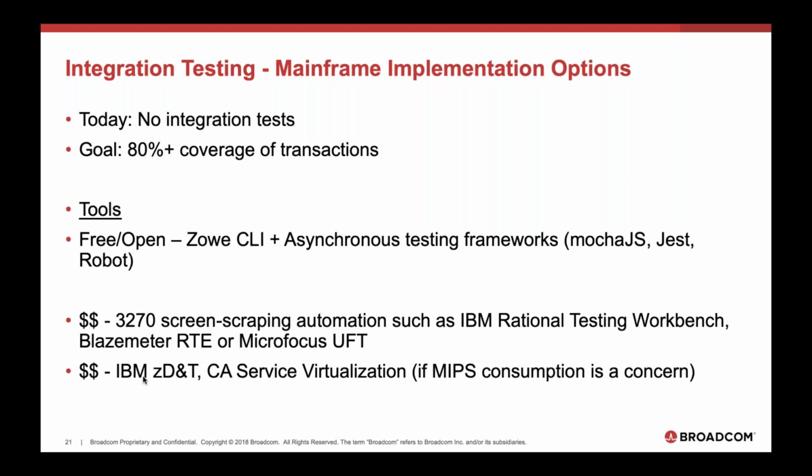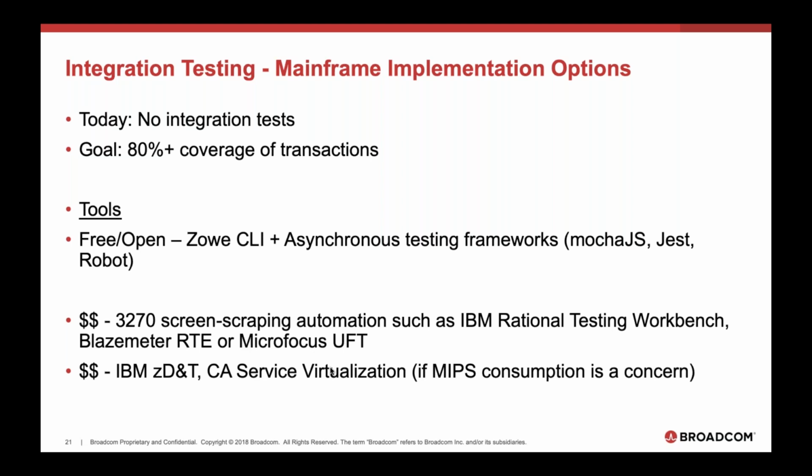IBM has a product called zD&T, which runs essentially z/OS on x86 hardware. That's an option when it comes to virtualizing and running some of these tests off platform. Within Broadcom, we have something called CA Service Virtualization, which is able to mock a lot of the CICS and DB2 pieces.